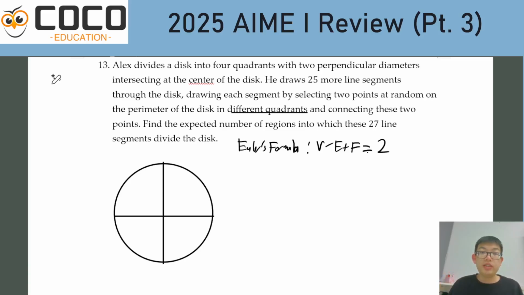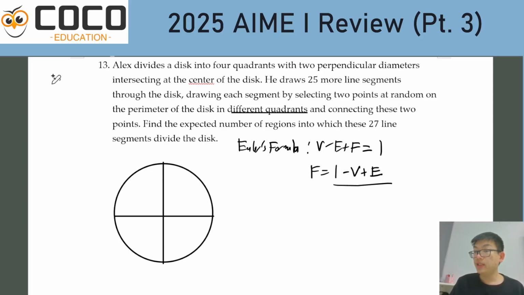But because the 2 would include the infinite outer region, which I'm not interested in, I am interested in how many regions it divides the disk into, so I'm just going to change this to 1. Then this is the thing that I will use to compute the number of regions, which is the number of faces. I just need to get the expected number of vertices and edges. Sounds simple, right?